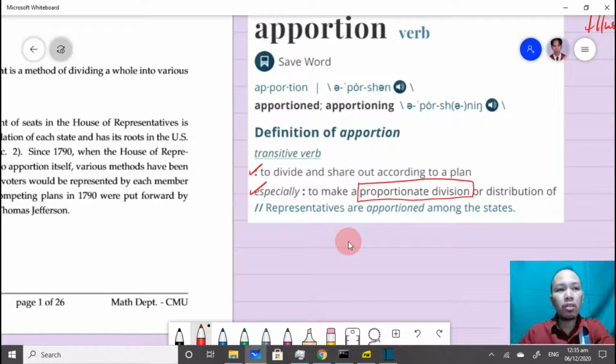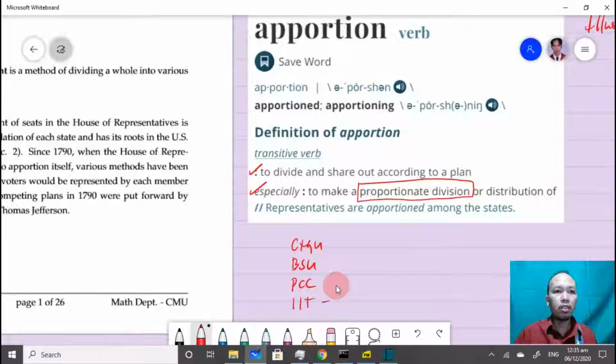So just ask yourself. It must be in proportion. Why must the division be in proportion? This is because, for example, we have CMU, BSU, PCC, and MSU IIT.